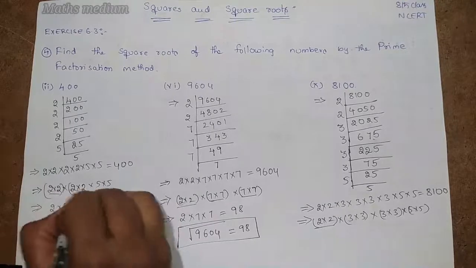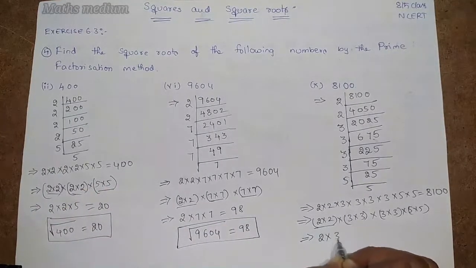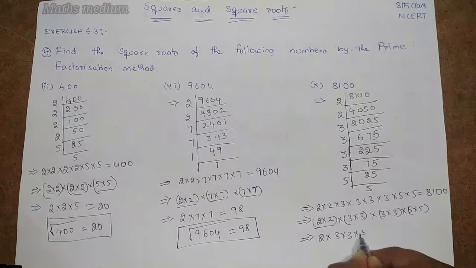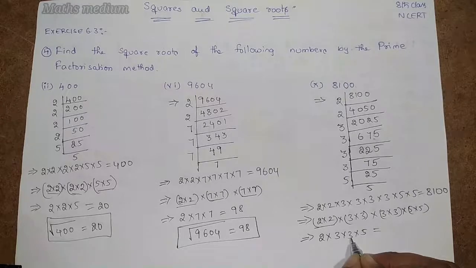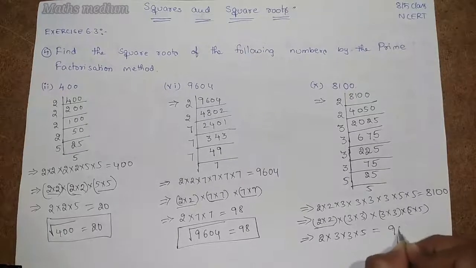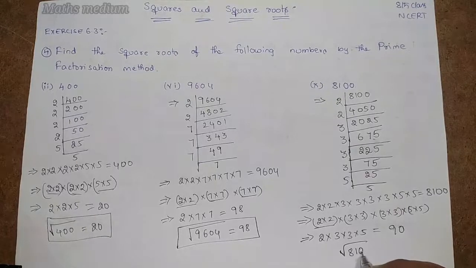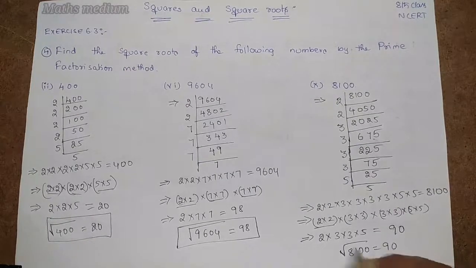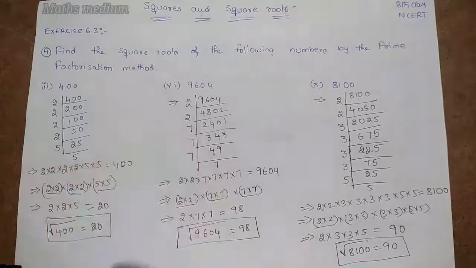Now take only one number from each pair. 2 into 3 into 3 into 5. Here we get 2 3s are 6, 6 3s are 18, 18 5s are 90. So the square root of 8100 is equal to 90. This is the prime factorization method to find the square root of the given number.